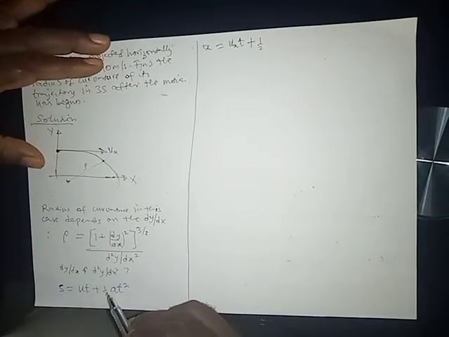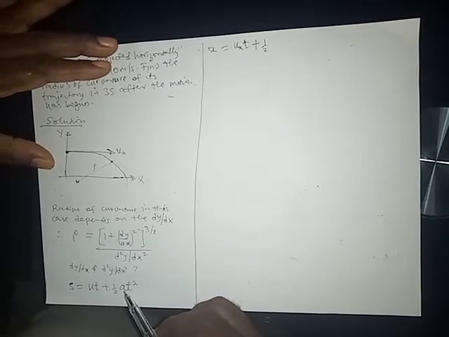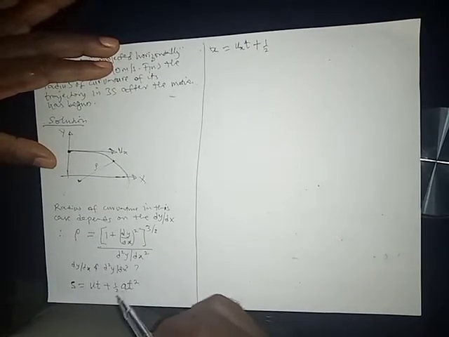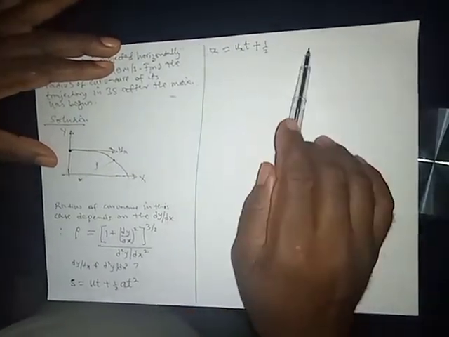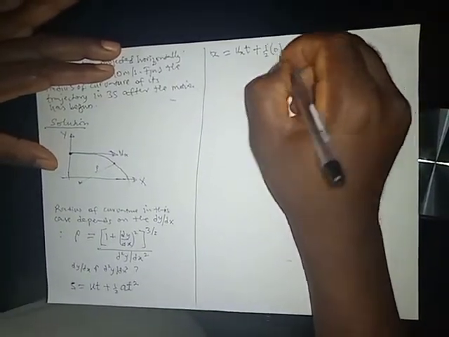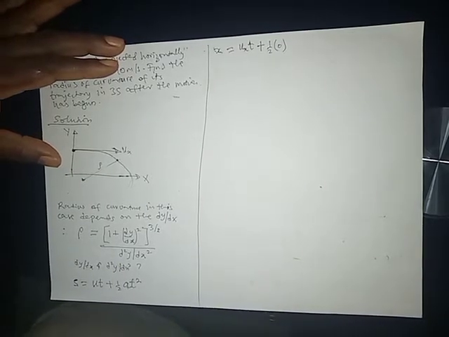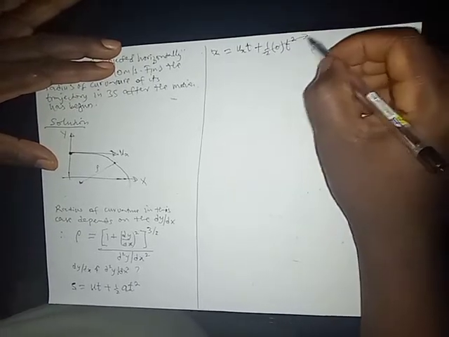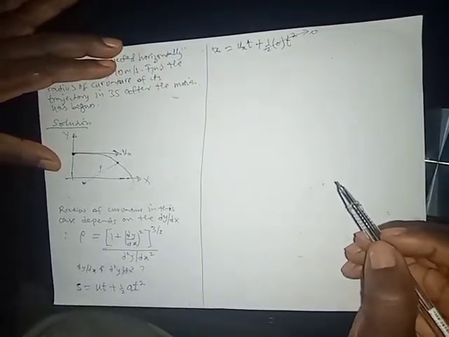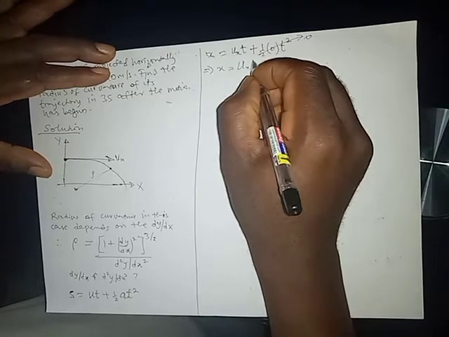Plus half g, acceleration due to gravity, because it's a projection. Again, now we are looking at the horizontal motion. Along the horizontal, acceleration due to gravity is zero, so this term goes to 0. Therefore, we can say x is equal to ux multiplied by t.